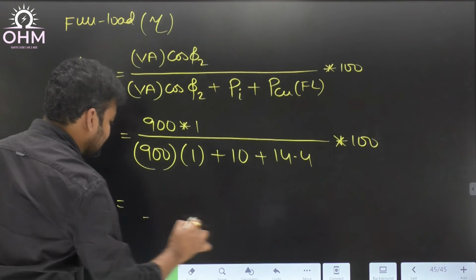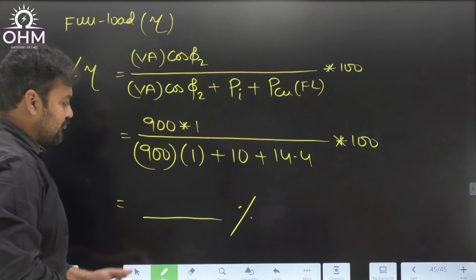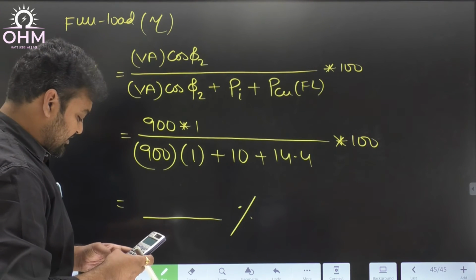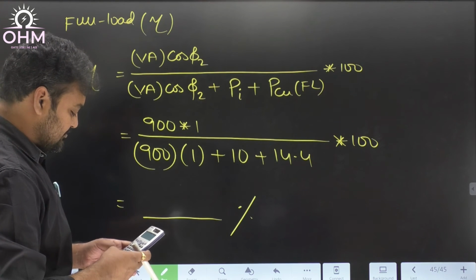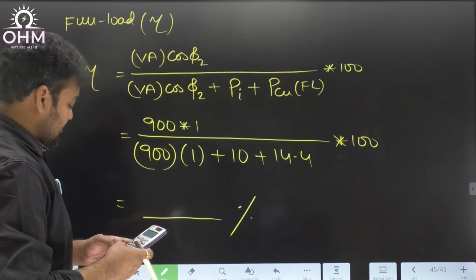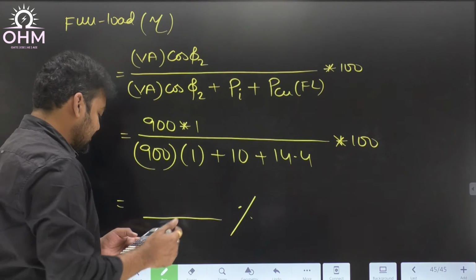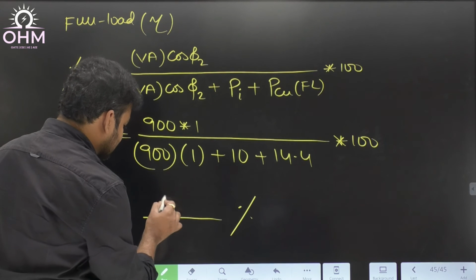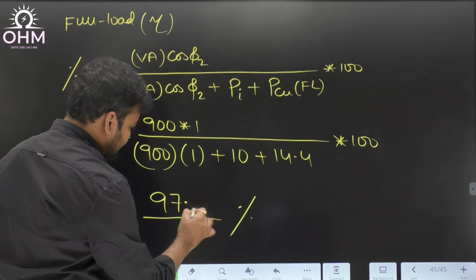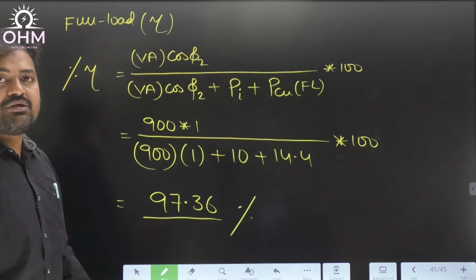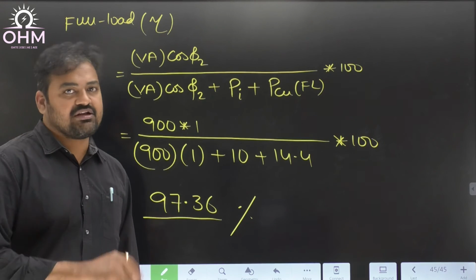This will directly tell you the percentage full load efficiency. So if I calculate 900 by 900 plus 10 plus 14.4, I am getting 97.36%. That is going to be the full load efficiency of the given transformer.